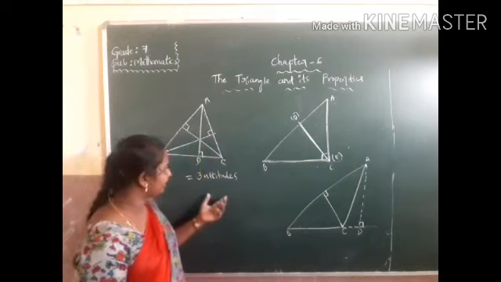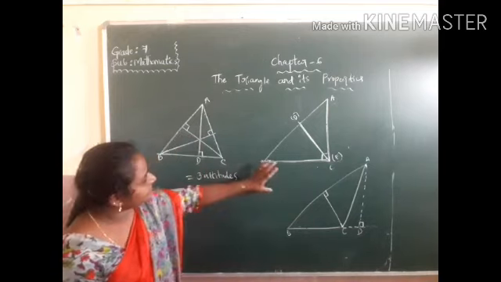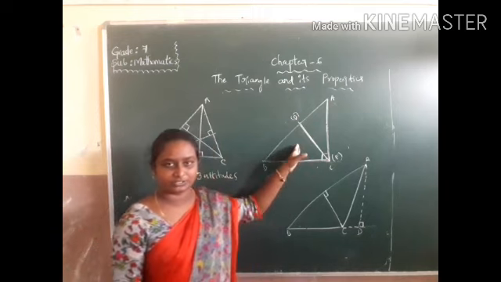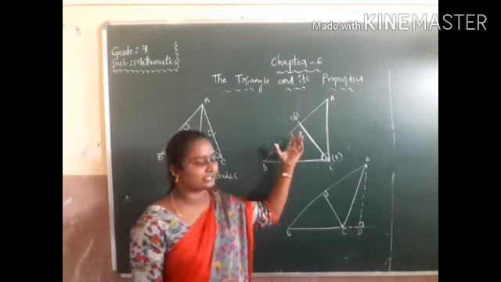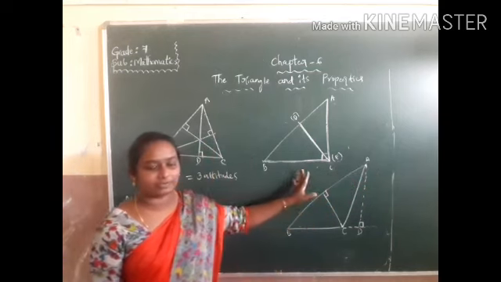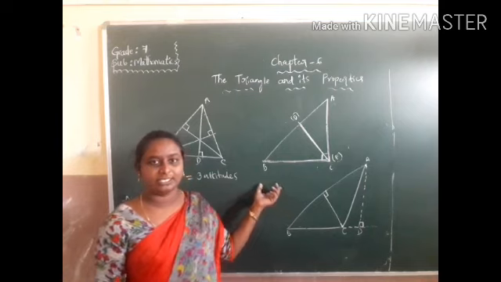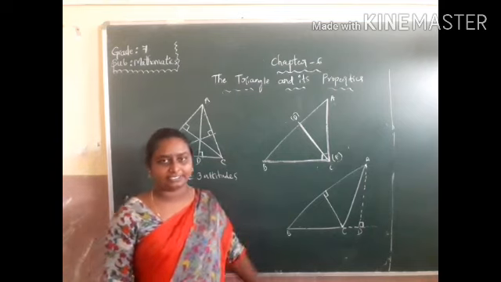If you observe different types of triangles, they have different altitudes. Those altitudes lie inside and outside, so we cannot say always interior. This is the example for the altitudes of a triangle.